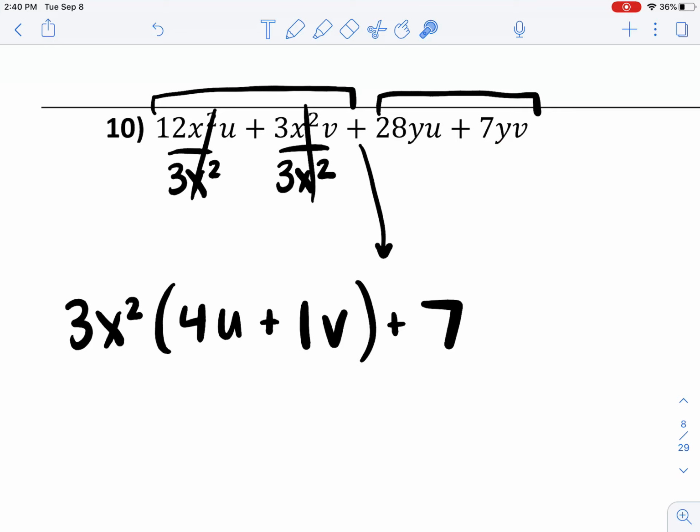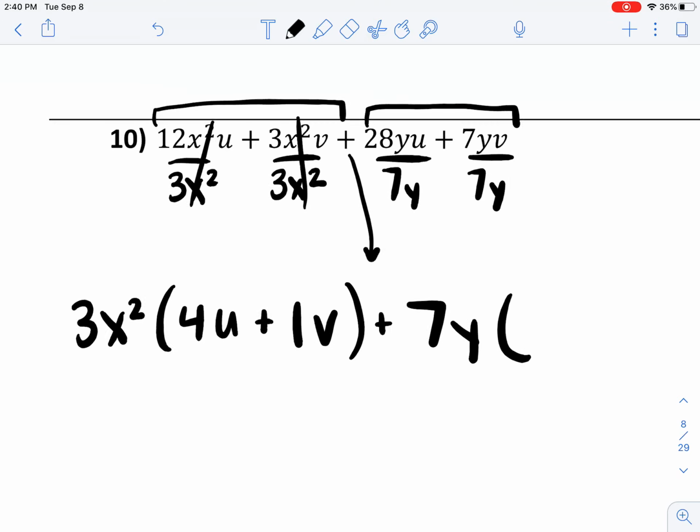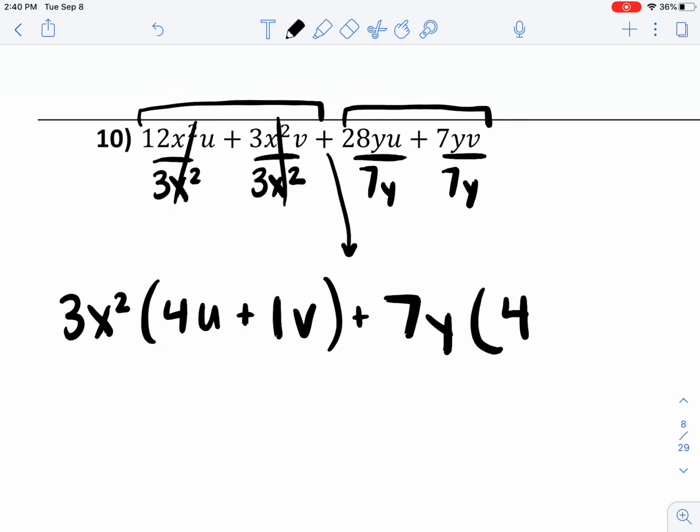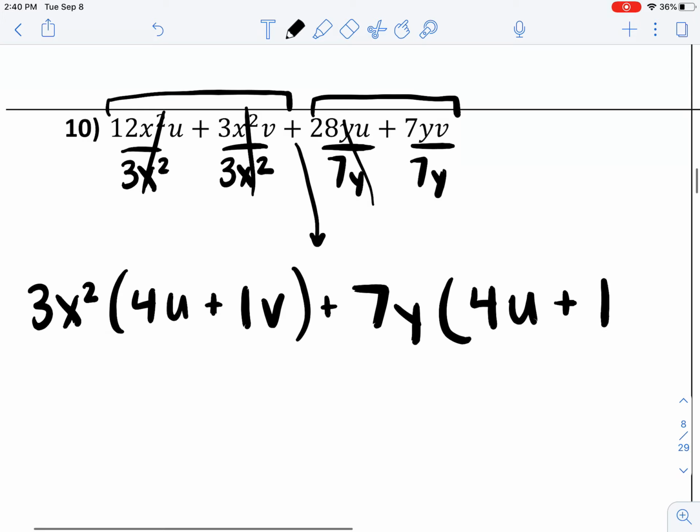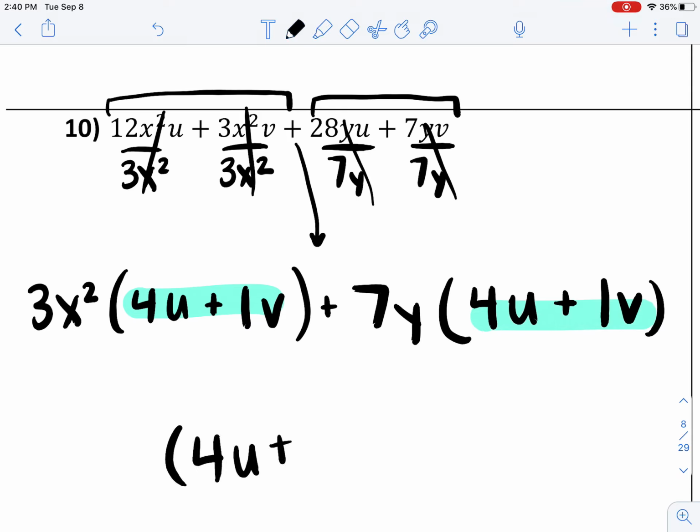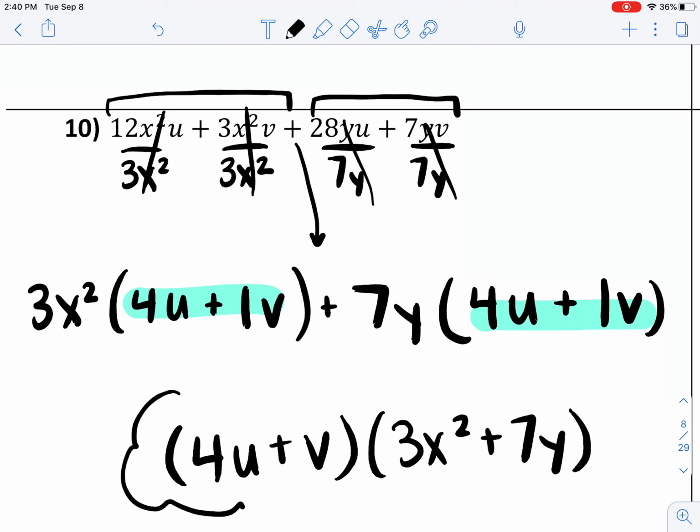And they both have a y in common, so my GCF is 7y. 28 divided by 7 is 4. The y's cancel, and I bring down the u. Plus 7 divided by 7 is 1. The y's cancel, and I bring down the v. So they match, therefore I did this right. So it is 4u plus v times 3x squared plus 7y. And that's our answer.